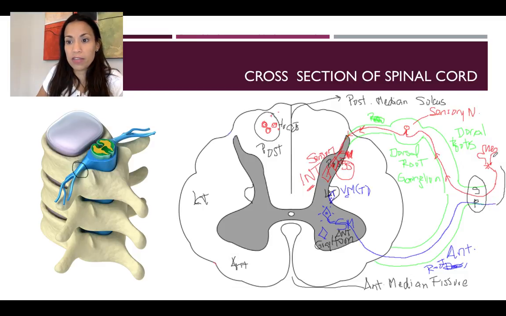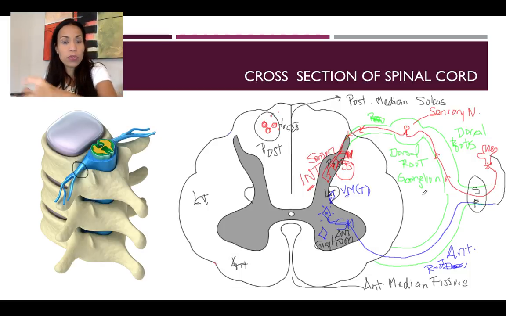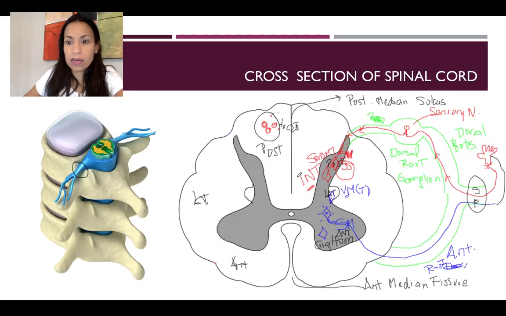Let's say that the effector in here is a muscle in the hand. Okay, and then we will describe in the next chapter how this spinal nerve branches into rami, an anterior and a posterior ramus. Is this clear?